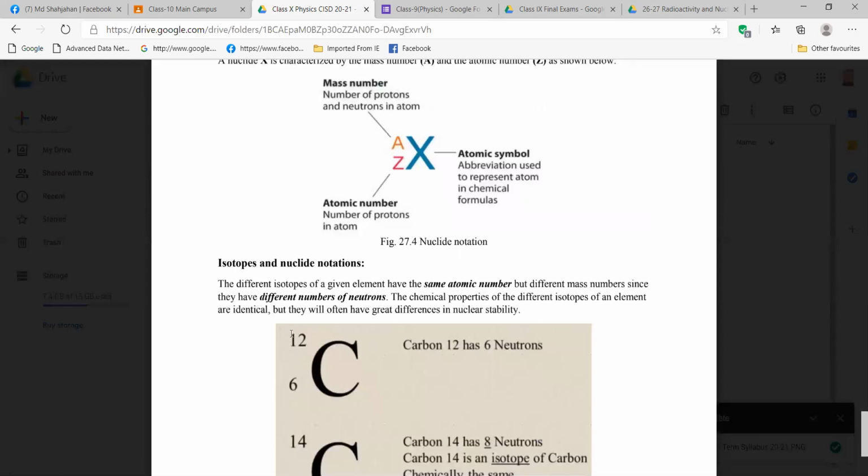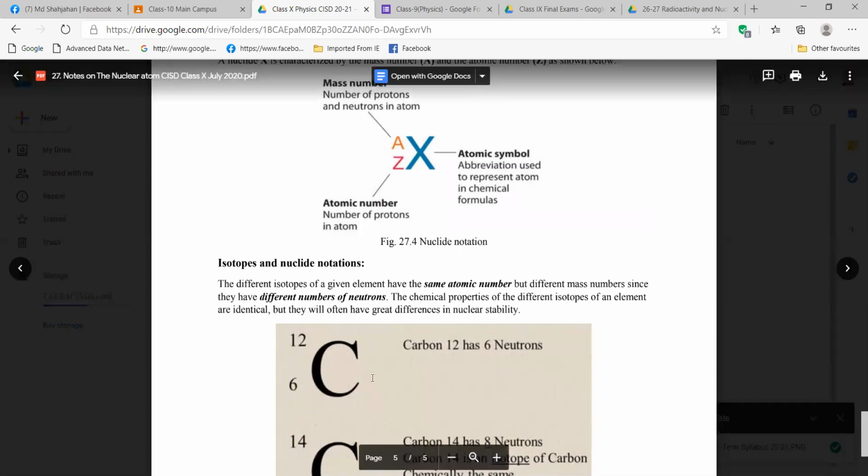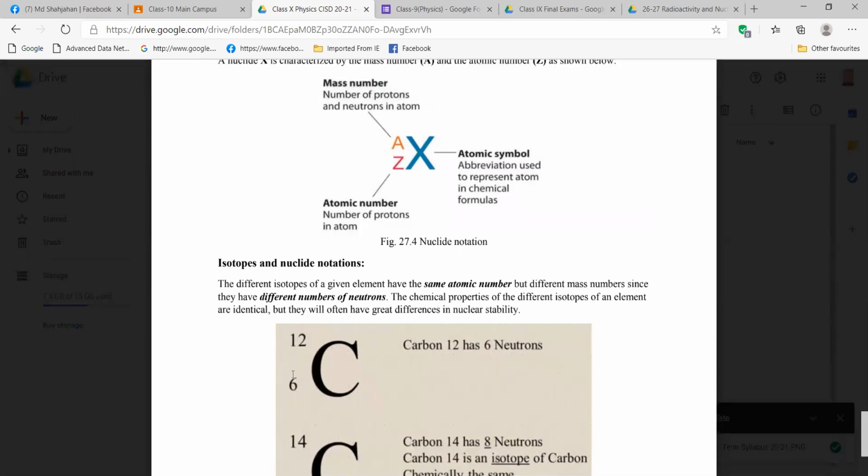Its nucleon number or mass number is 12: 6 protons, 6 neutrons, total 12. So carbon 12 has 6 neutrons. From this nuclide notation, if you have 6 protons and a nucleon number of 12, then 12 minus 6 is 6. That gives you the neutron number.